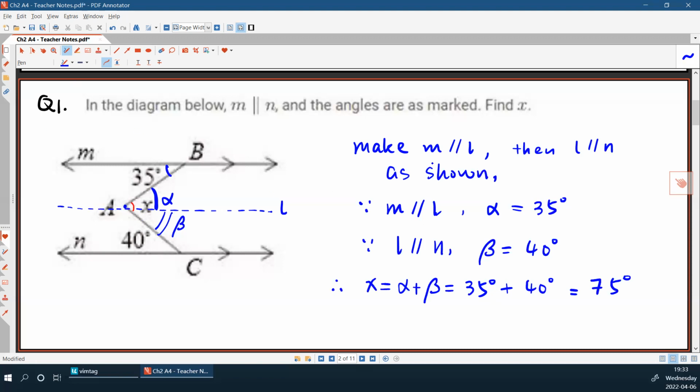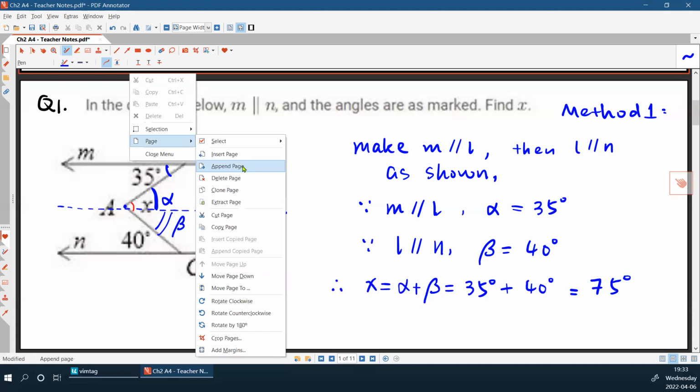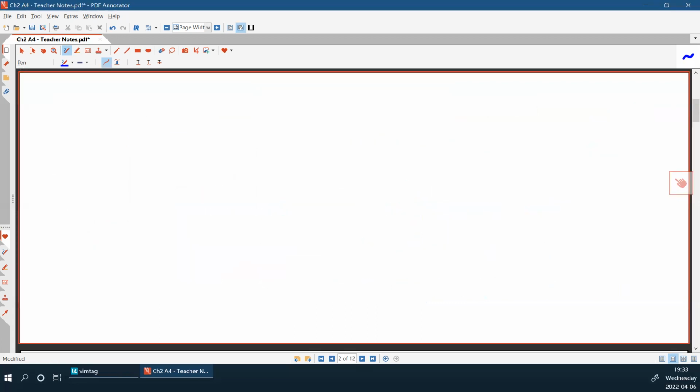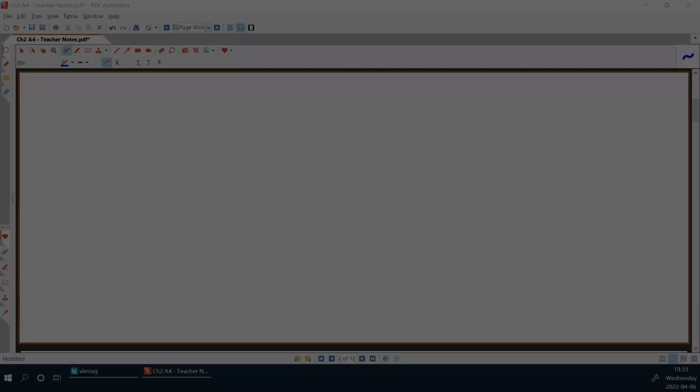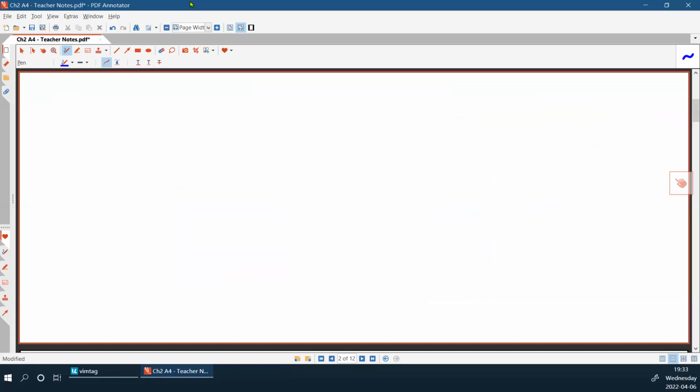Okay, so this is method one. Any questions? No. Okay, of course, there is another way we can do it. So let me copy the graph here.